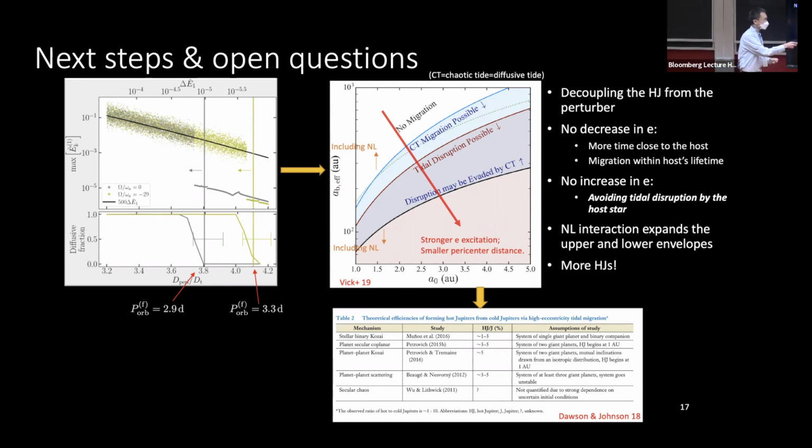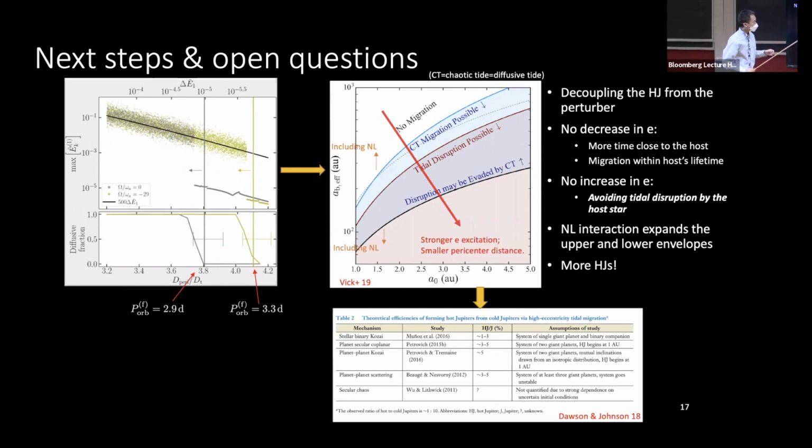And then for systems with very strong Kozai excitation, this decoupling prevents the eccentricity from further increasing, and it prevents the pericentric distance from being too small. So this saves the planet from being tidally disrupted. The two processes are indicated respectively by the upper and lower envelope in this plot I took from Wu et al.